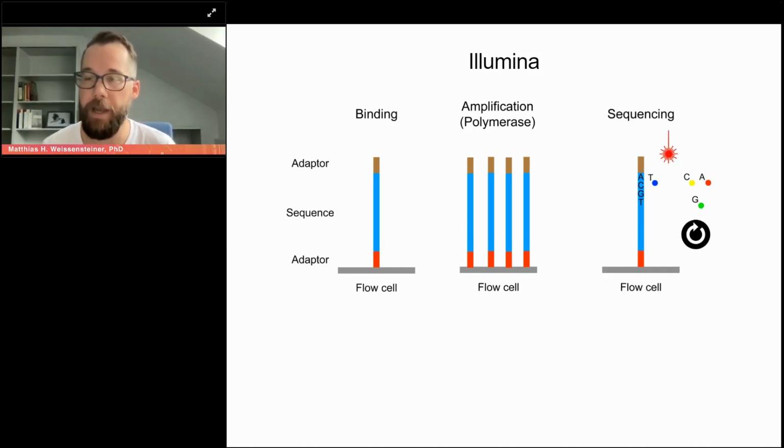And then finally, the actual sequencing is sequencing by synthesis, in which the reverse strand is still present on the flow cell, but via the incorporation of fluorescently labeled nucleotides, the actual sequencing is done.